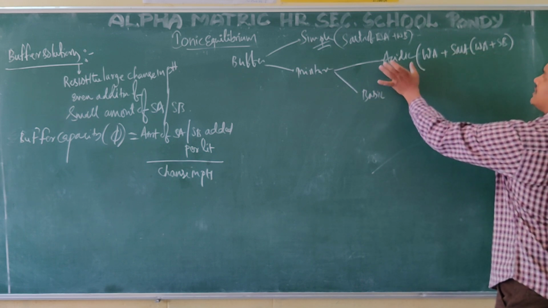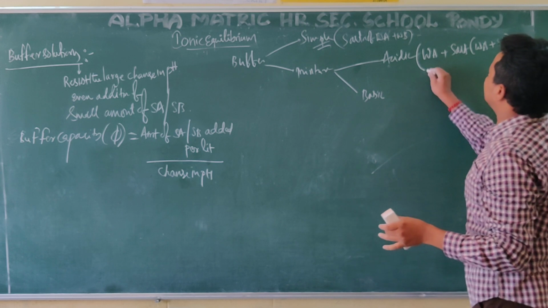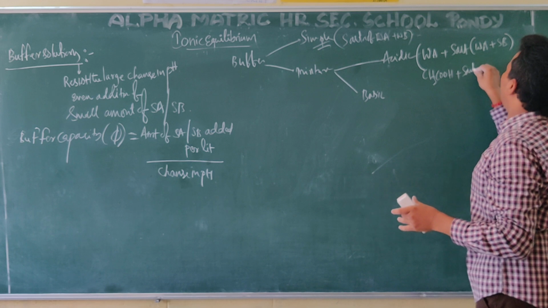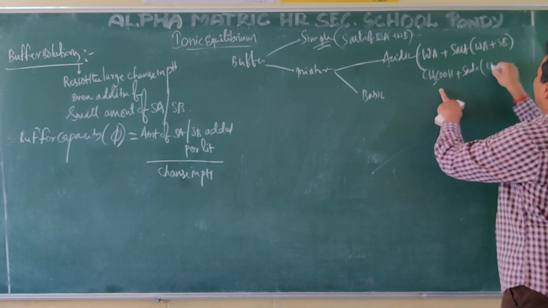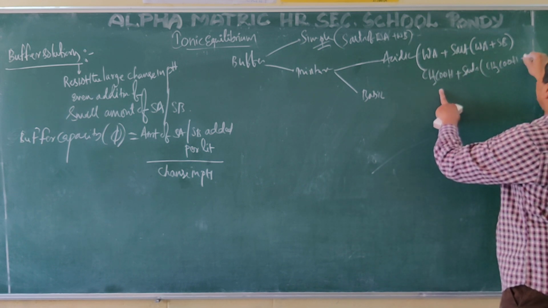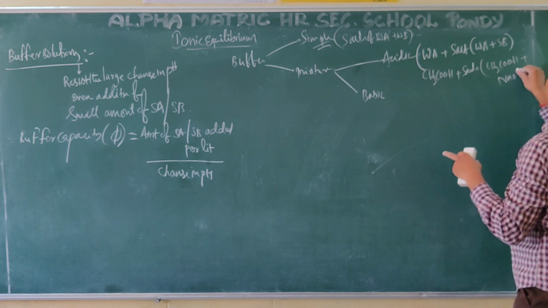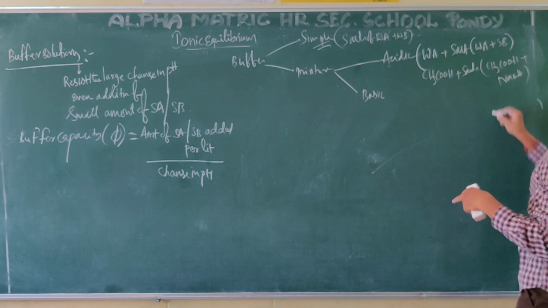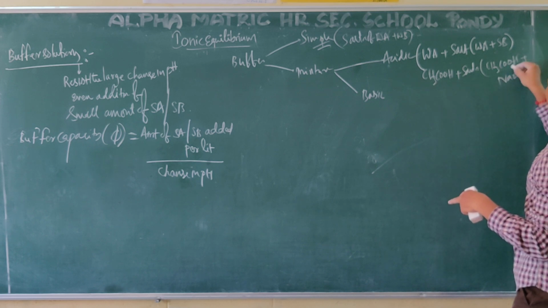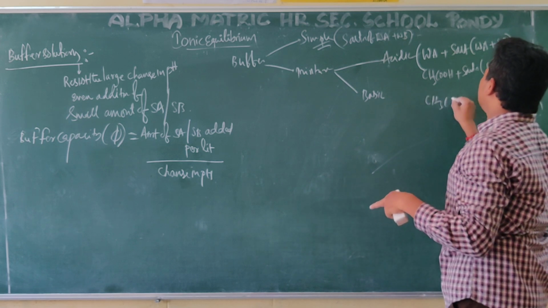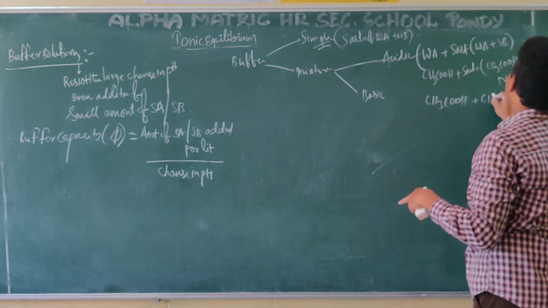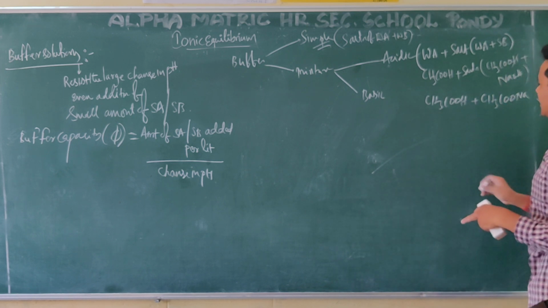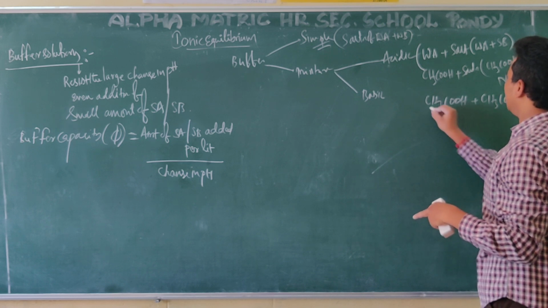For the strong base, we always take NaOH. For the salt, remove the OH from the base and the H from acetic acid. What comes is CH3COONa. So CH3COOH plus CH3COONa.